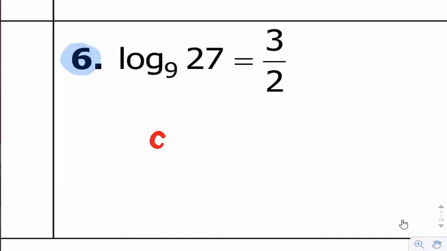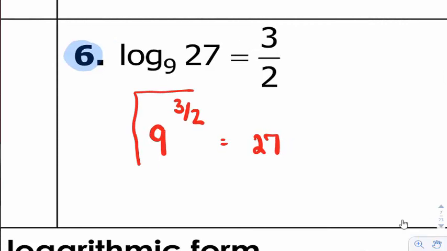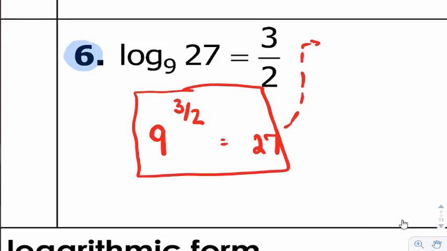So this will be 9, that's your base, to the 3/2 power, because your output was 3/2, so that now becomes your input, and that equals 27. And again, if you know your properties of radicals, you'll know that that is a true statement, because maybe you don't remember your properties of radicals.